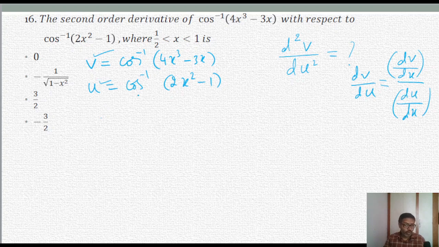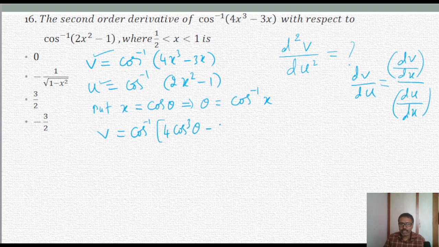For both, if you go directly, it is a bit lengthy, so we'll go by trigonometric substitution. Put x is equal to cos theta. So theta can be written as cos inverse x. Now what will v become? It will become cos inverse of (4 cos cube theta minus 3 cos theta).